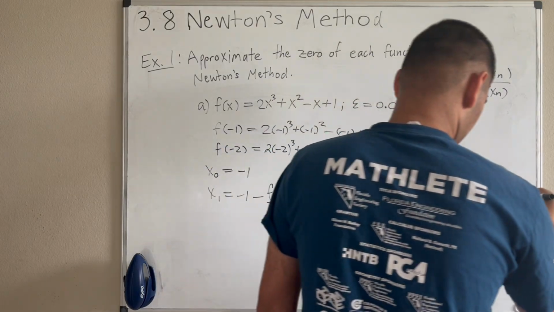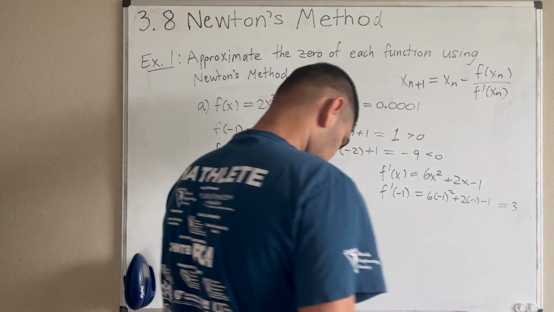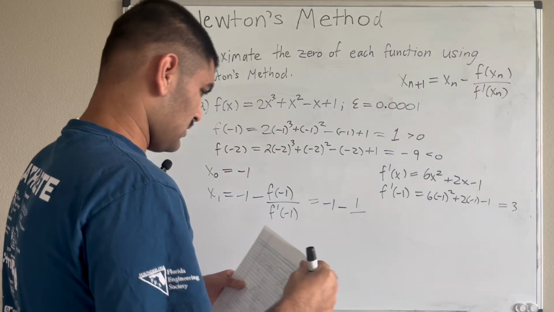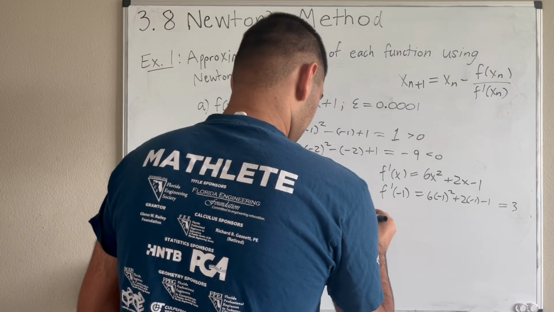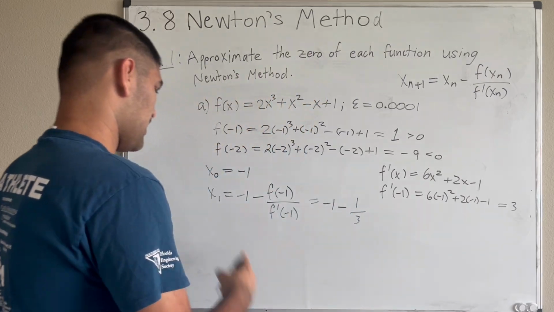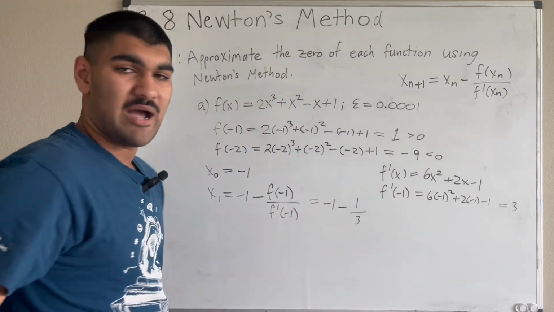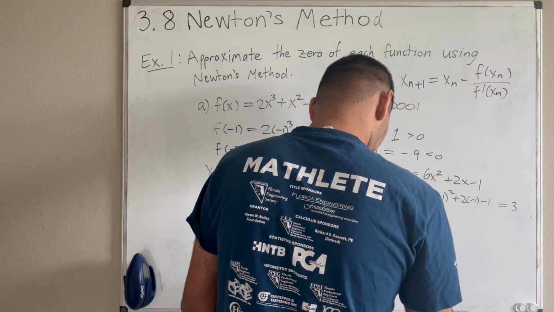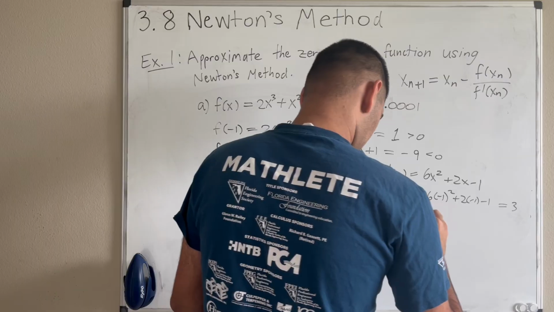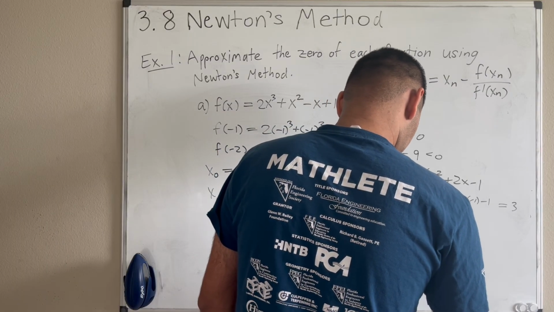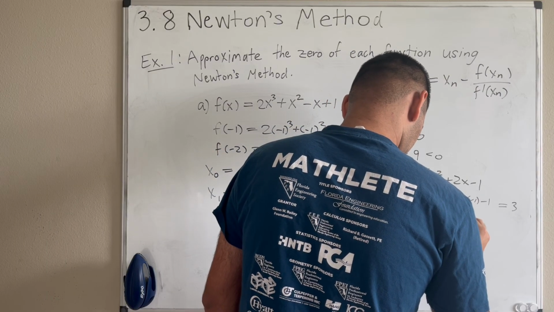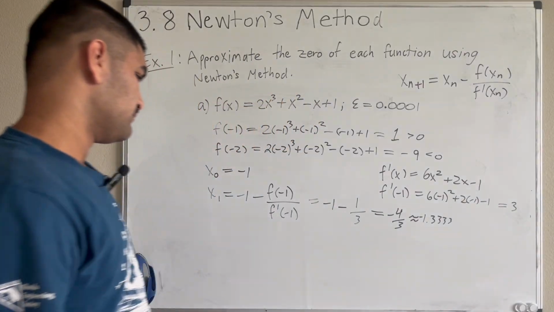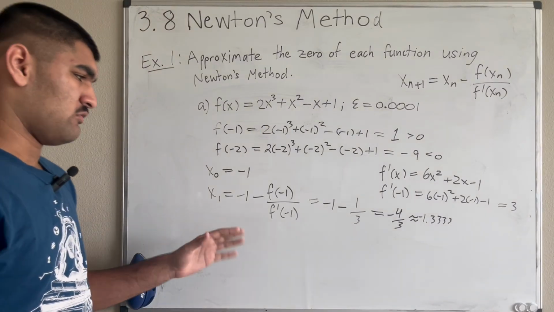So that gives you a value of 3. So f prime of -1 is 3. Therefore, x1 is equal to -1 minus 1/3, which is -4/3. We can write this as a decimal as well, approximately -1.3333.